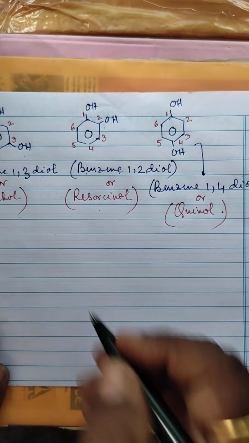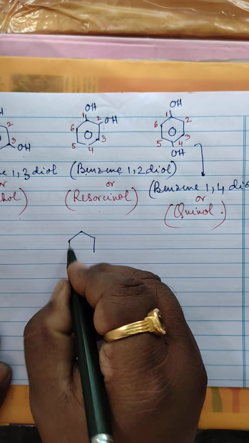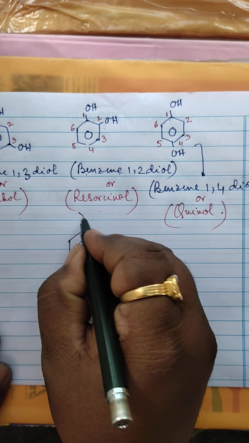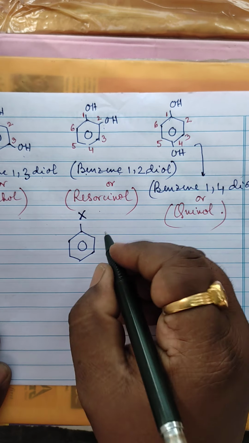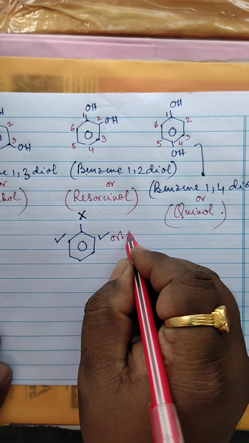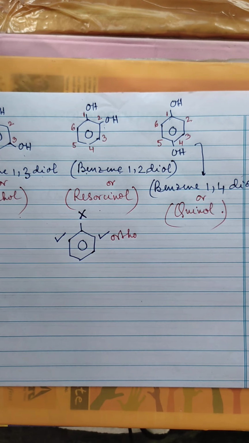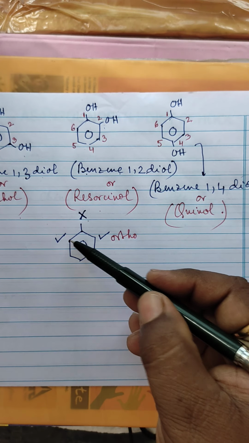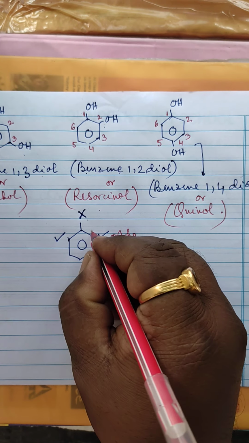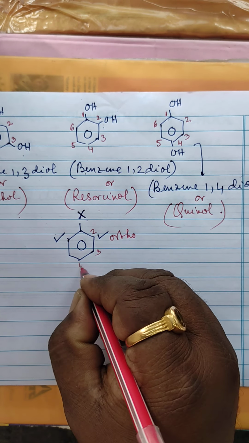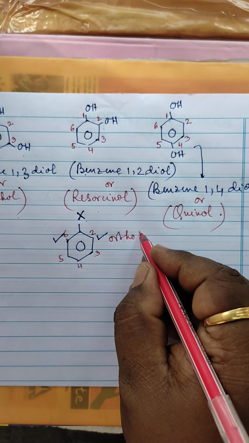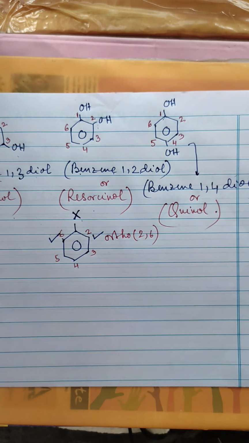So in a benzene ring, I am once again writing it, if in a benzene ring I have a substituent X, these two adjacent positions, that is carbon number 2 and carbon number 6, these 2 and 6 positions are called ortho.